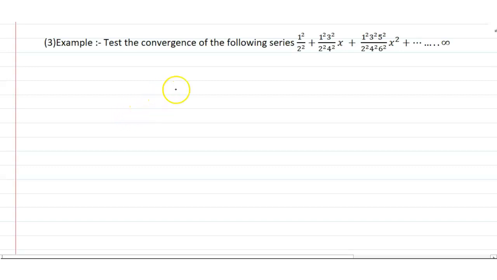Number 1, that u_n. I take u_n, you see that 1 square by 2 square, this way it is.